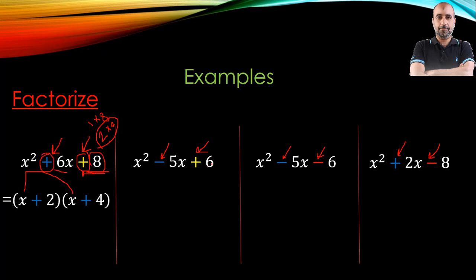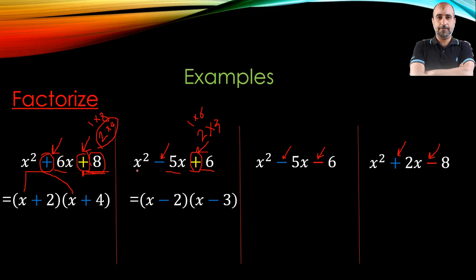Now 6, we will factorize 6: 1 times 6, 2 times 3. Which case of them has a sum of 5? 1 times 6, their sum is 7. 2 times 3, yes, their sum is 5. Then it will be that form.